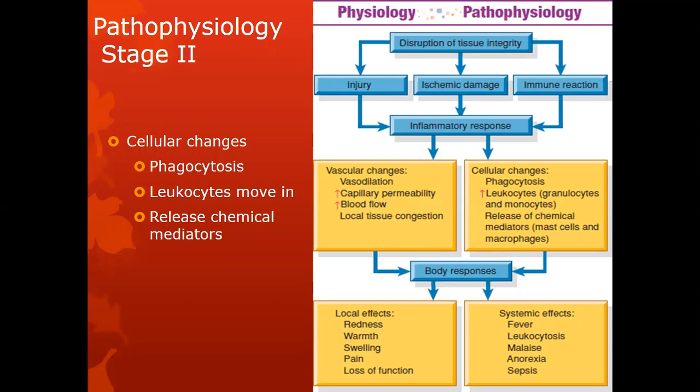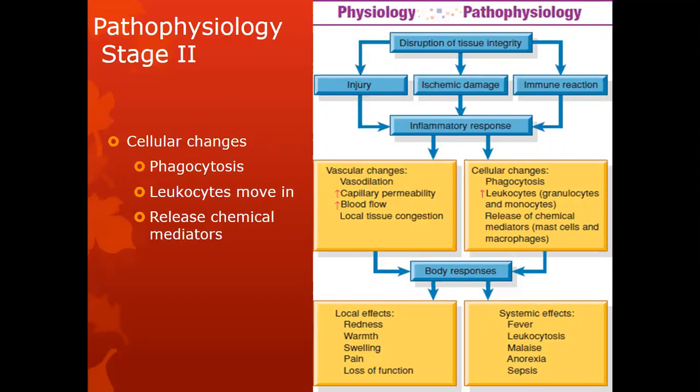So as those leukocytes move in, monocytes will go in and go through that phagocytosis and the macrophages eating and getting rid of. The lymphocytes, the T and B cells move in with antibodies and immune response, and an immune response will start to take place if applicable.